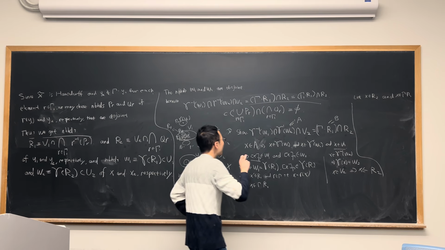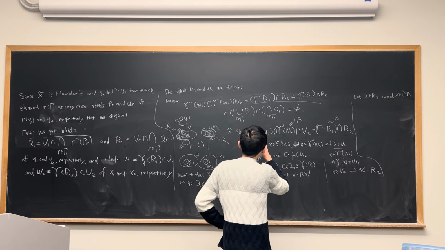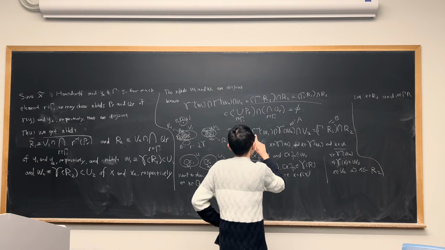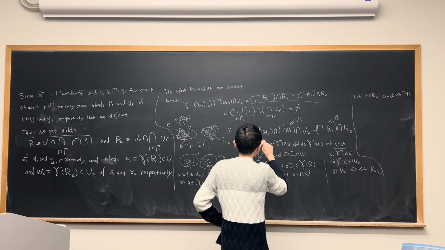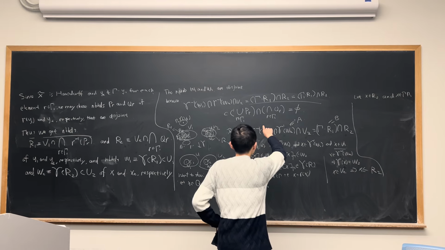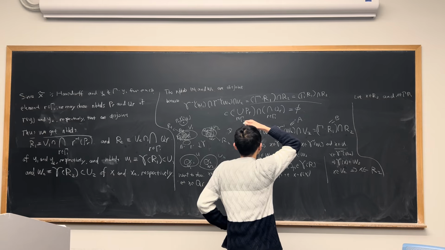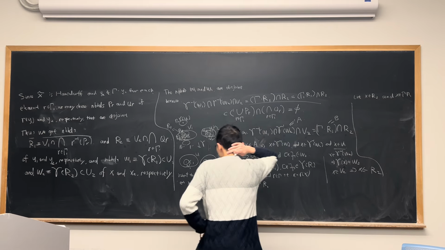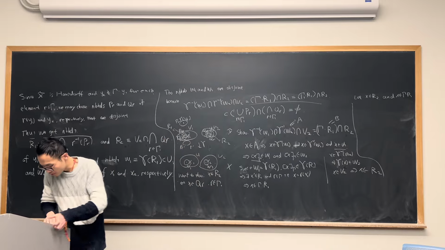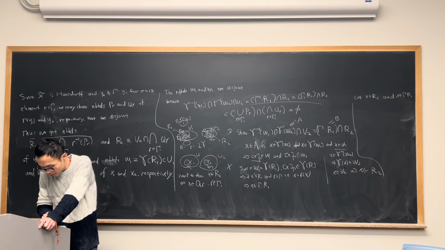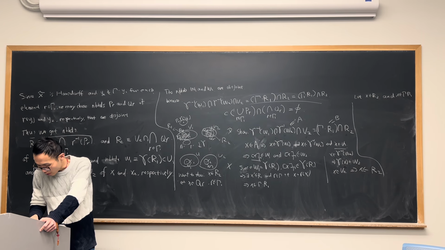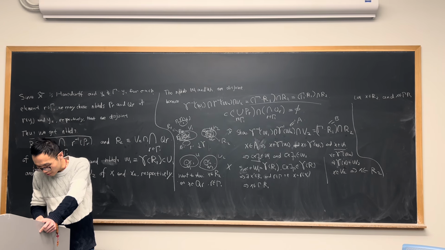And then because you take the closure, they are all compact. So because of the proper discontinuity of this gamma, right?